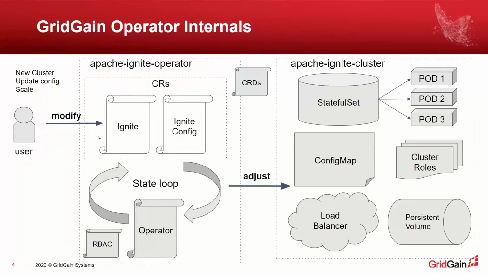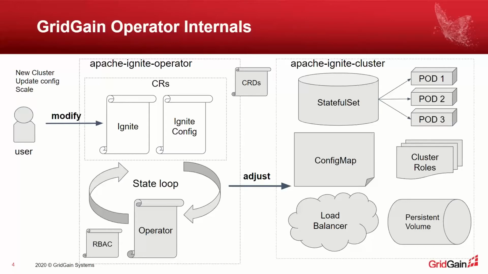Let's move to the next slide and talk a little bit about GridGain operator internals. You can see that this picture is quite similar to the operator pattern schema. Here we have once again a notion of custom resources.